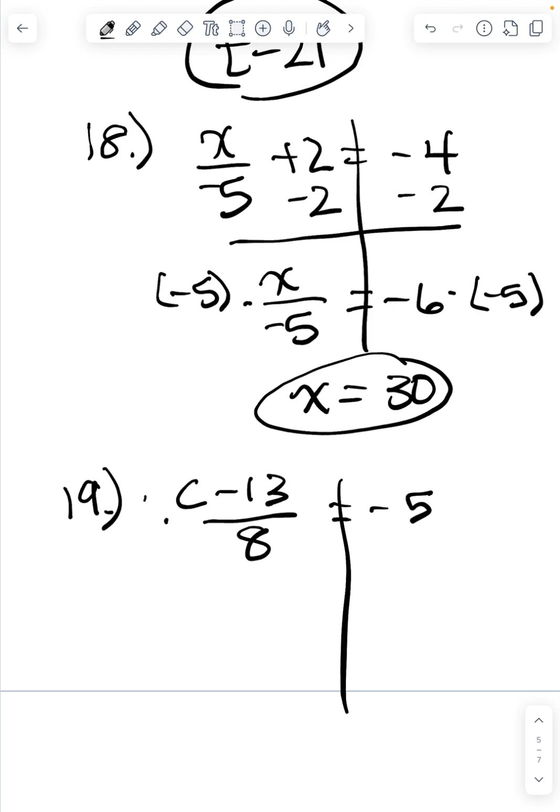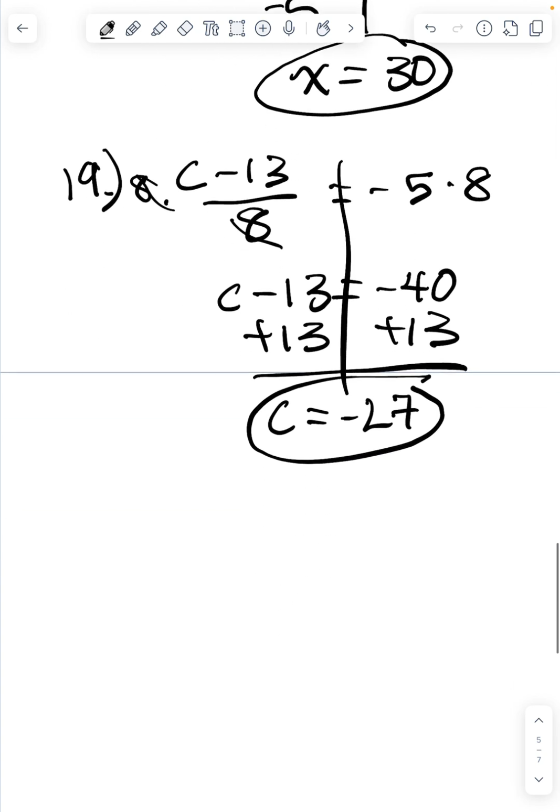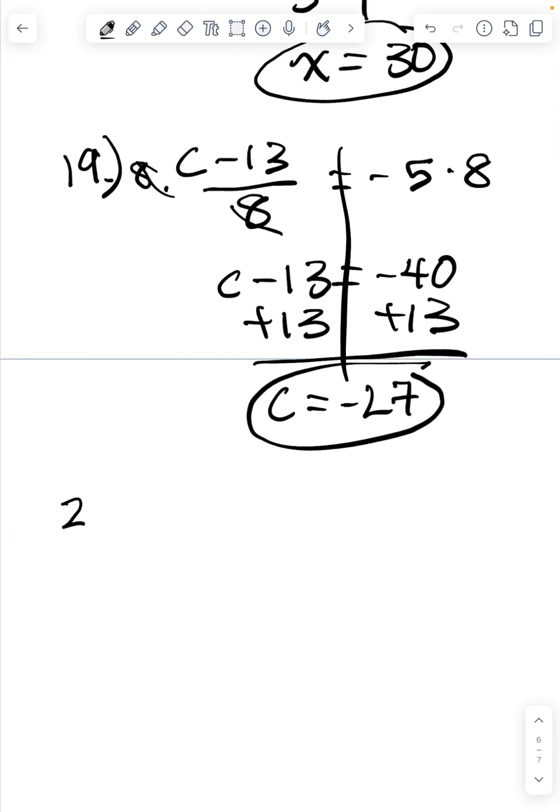So we'll undo that first by multiplying both sides by 8. Cancels out the 8s, leaving us with c minus 13 equals negative 40. And now we'll add 13 on both sides. So c equals negative 27. Number 20.